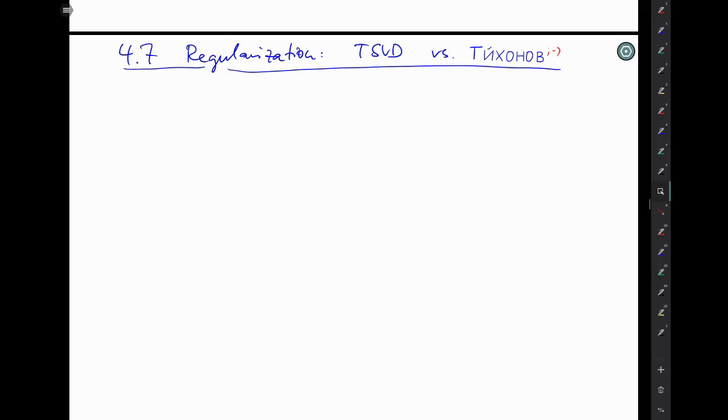Okay, let's have a comparison of the two. And in order to compare them, you have to get them on equal ground. And that's singular values. So let's start by translating Tichonov regularization into the language of singular values.